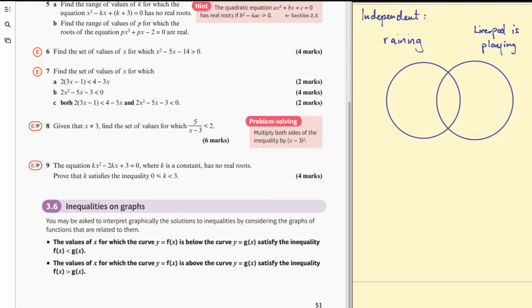I don't even know. Wow, Liverpool are on top, 96 points. All right. Nice.